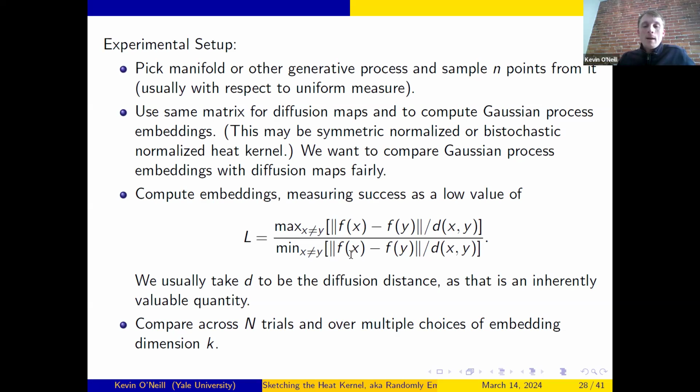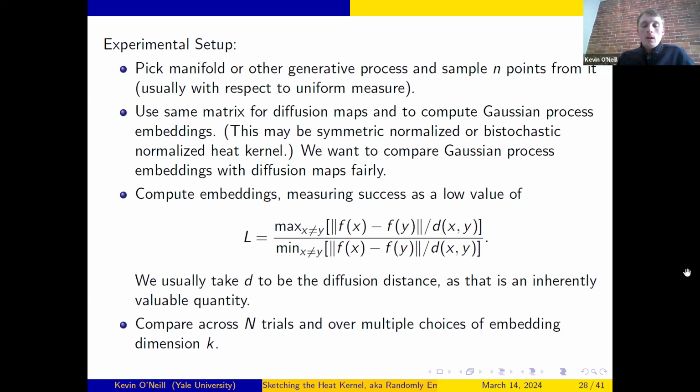In the denominator, we have the minimum amount of stretch. If you have two points which come very close, they'll attain this value. And then we take the ratio, the maximum stretch divided by the minimum stretch. This is kind of like the bi-Lipschitz constant, if you're familiar with that, except we want to have the property that if all the distances are multiplied by 10 exactly, we still say that's a good embedding. We only care about things up to scale.